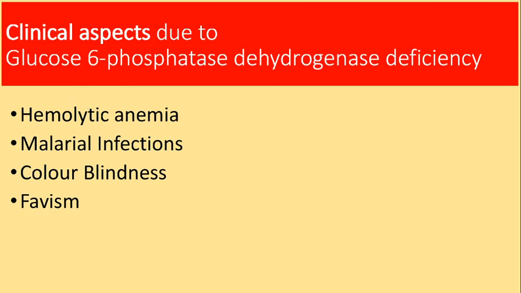When this enzyme is defective, it will lead to hemolytic anemia. So due to inherited deficiency of this enzyme glucose 6-phosphate dehydrogenase, there will be impairment in the generation of NADPH, which will lead to lysis of the RBC cells.